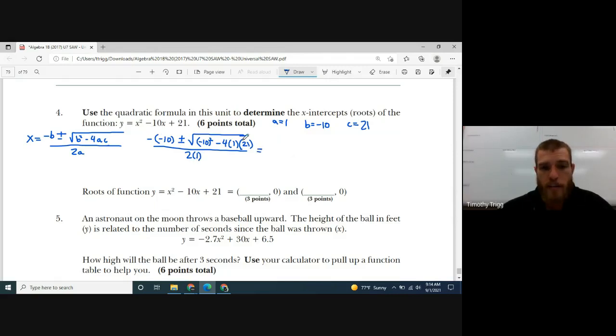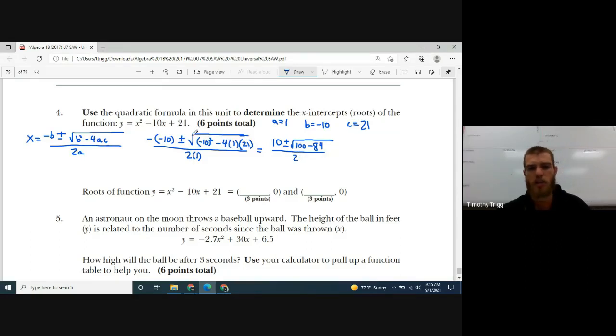So negative negative 10 makes positive 10, plus or minus the square root. Now we start working out what this is. First, negative 10 squared means negative 10 times negative 10, which is positive 100. Then negative 4 times 1 times 21 is negative 84, all over 2 times 1, which is 2.